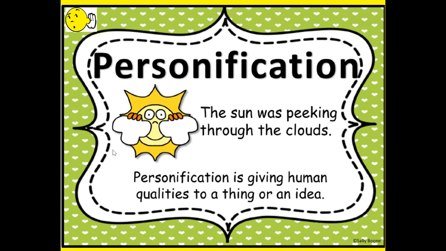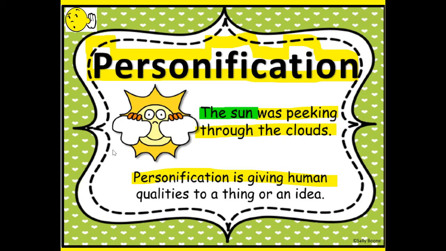So one type of figurative language is called personification. There's the word person in there, so something that's not a person acts like a person. For example, the sun was peeking through the clouds.